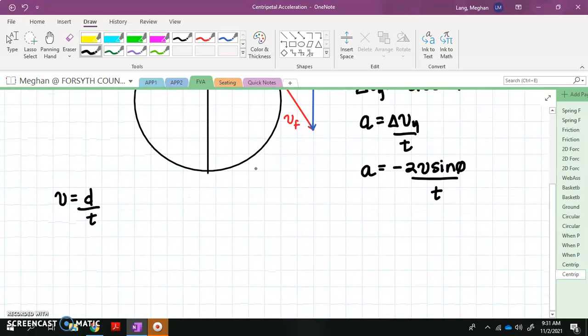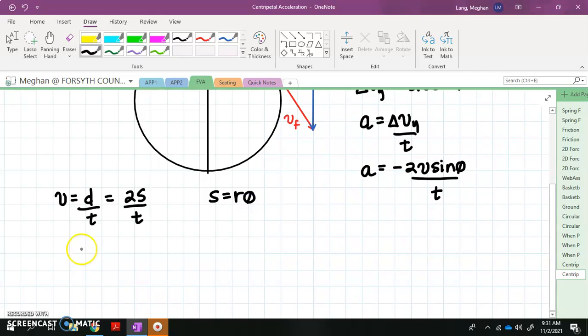So I'm going to make this 2s over t, where s, our arc length, is equal to r theta. So that makes this velocity equal to 2r theta over t.